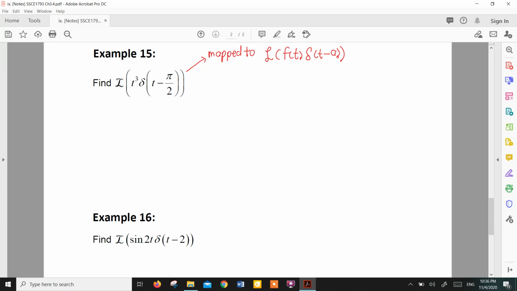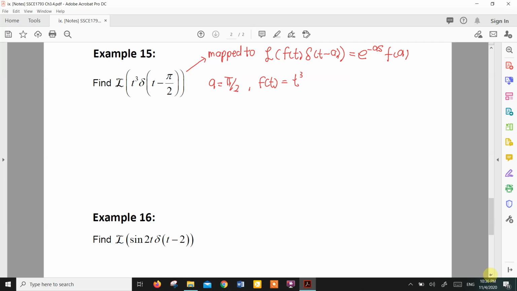Okay, so the Laplace transform of f(t) delta(t minus a) is equals to e to the power of negative as f(a). Okay, now for this question, our a is pi over 2, our f(t) is equals to t cube.